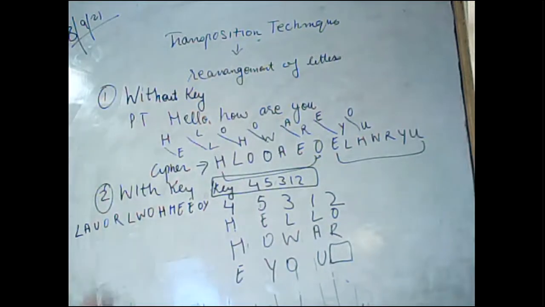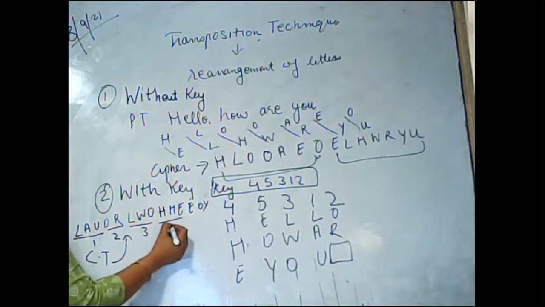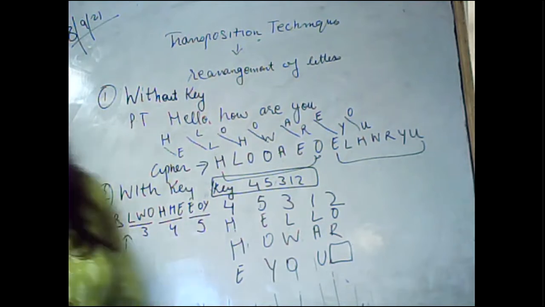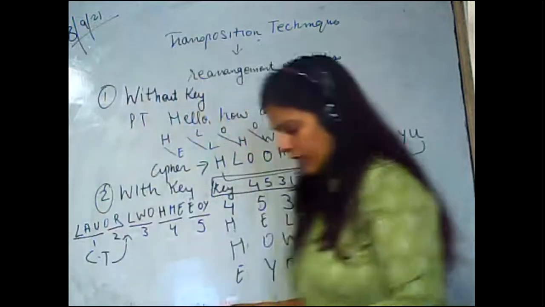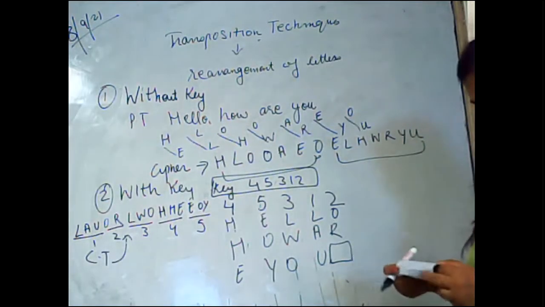This will be your ciphertext. LAU was the first element, OR the second, LWO the third, HHE the fourth, and EO the fifth. So this is how you can write it with the help of a key.